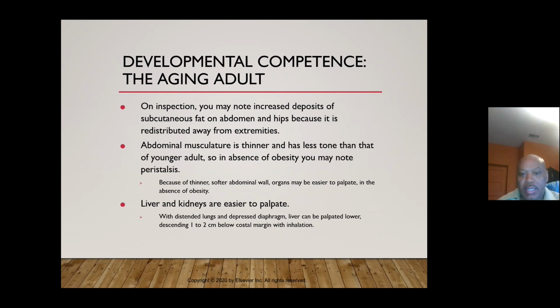So, with distended lungs and depressed diaphragm, the liver can be palpated lower, and it will descend below the costal margin at about 1 to 2 centimeters when the patient inhales. So think about the lungs expanding, and then the diaphragm pushes structures down, and it can push the liver down as well, and it should be palpable in these cases.